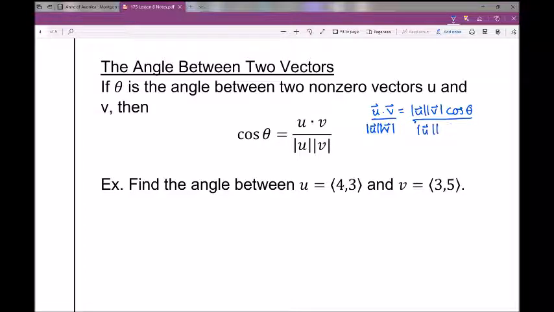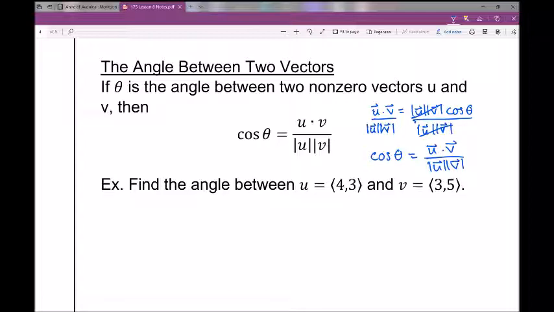That would cancel out here, and we're just left with cosine theta is equal to u dot v over magnitude of u times magnitude of v. While the first formula wasn't particularly useful, this one is. And it's the same formula, it's just rearranged.